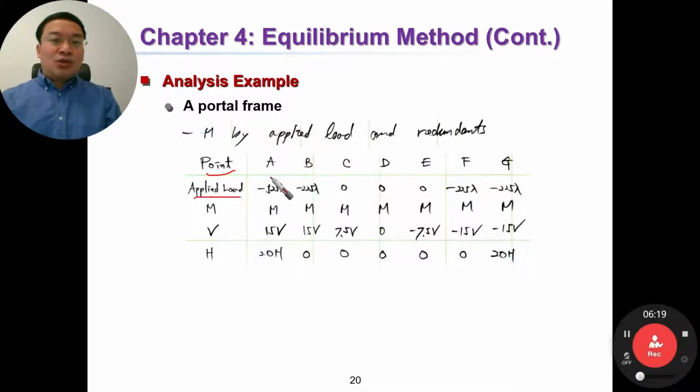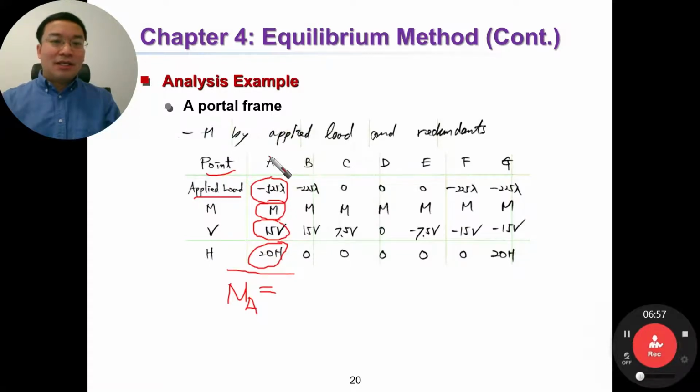Moment due to applied load at A, moment due to the redundant M at A, moment due to V redundant at A, and moment due to H redundant component at A. So for example, if we determine M at A, then M at A equals this one plus this one plus this one plus this one.